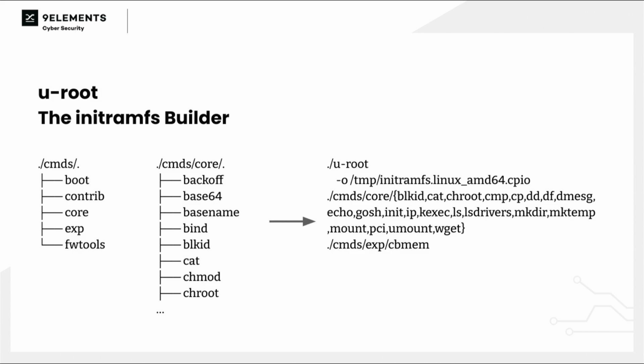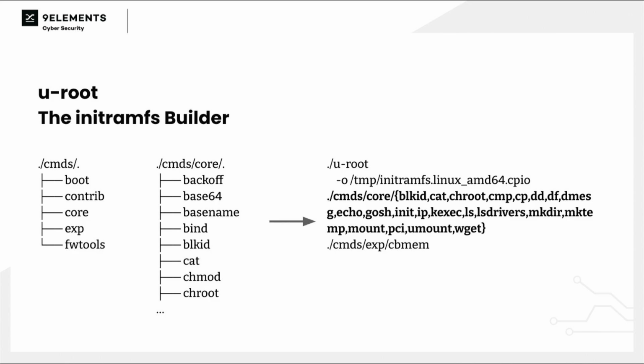Now if you're building an initramfs, which essentially works like that, you call U-root. You have to define an output where that initramfs should be placed when it's built. You define a couple of commands that you want to build in.